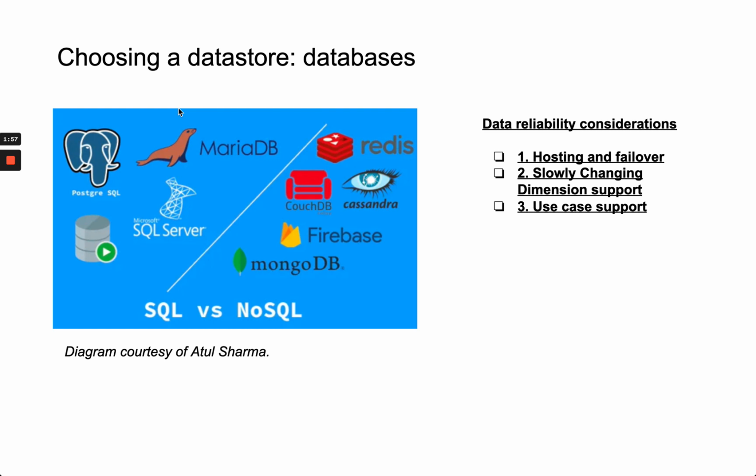In many cases, you'll probably have this already set up at the organization that you're a part of or joining. But in the event that you do want to set up a new type of database, either because you are a brand new company starting to record transactions, or you're picking up another transactional database for a specific workload or migrating, then some considerations you might want to start with are, number one, it's going to be workload dependent as well. There are different types of databases that can handle different data types.